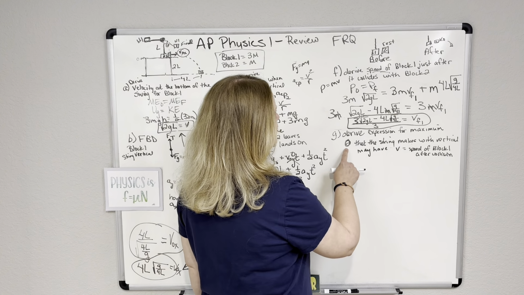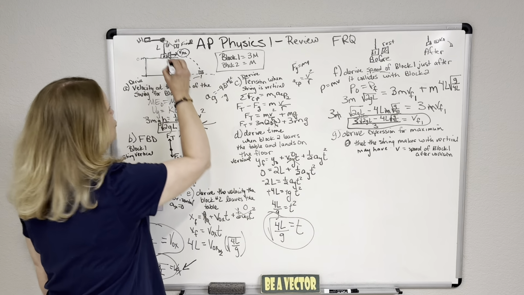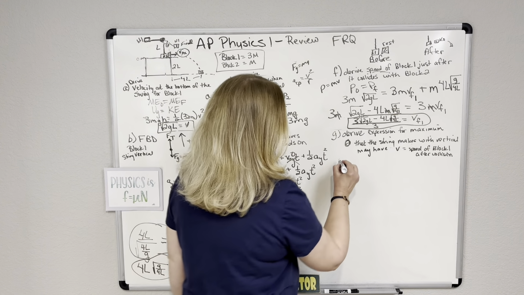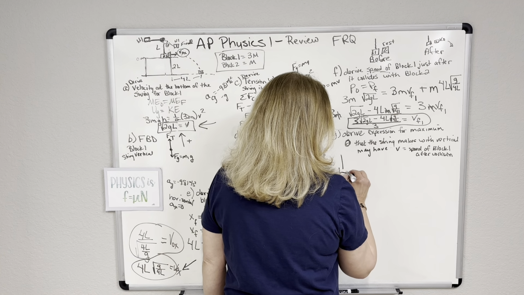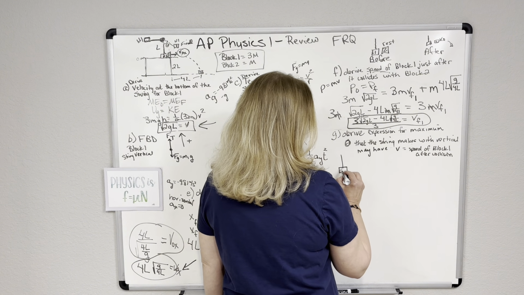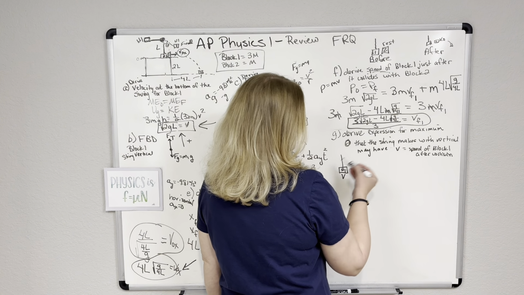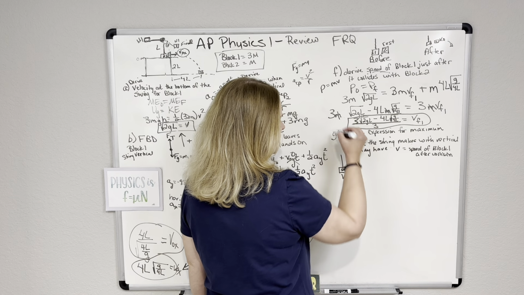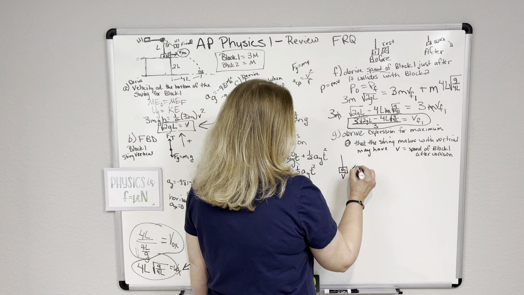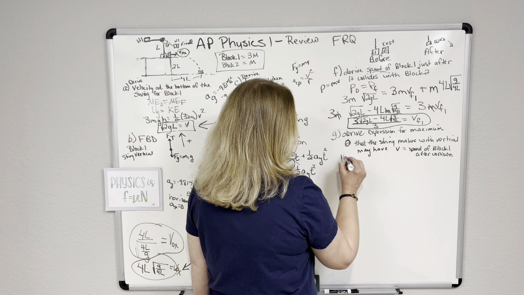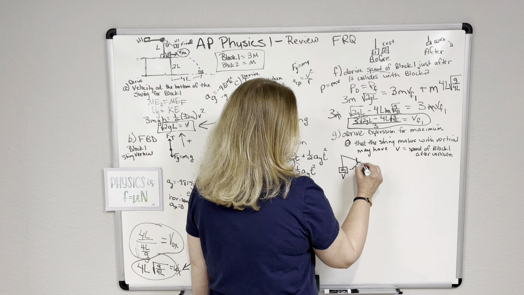They want maximum theta. So I had a collision, I knew the velocity, so I'm going to draw this out. After the collision, this is block 1, and it had this V after collision, which actually looks like this ugly thing, and then it rotates up on the pendulum to this position over here.